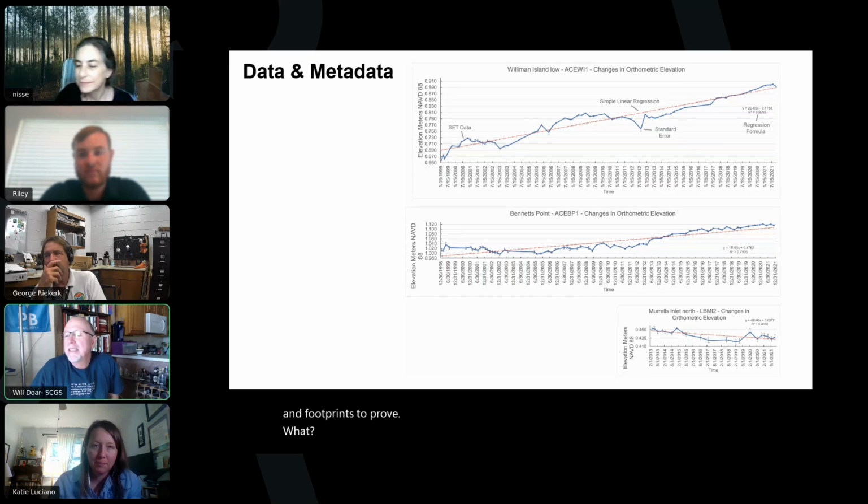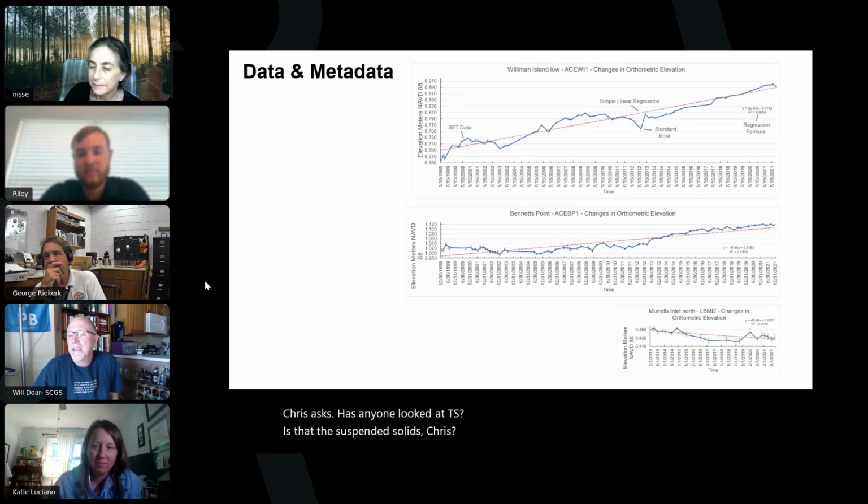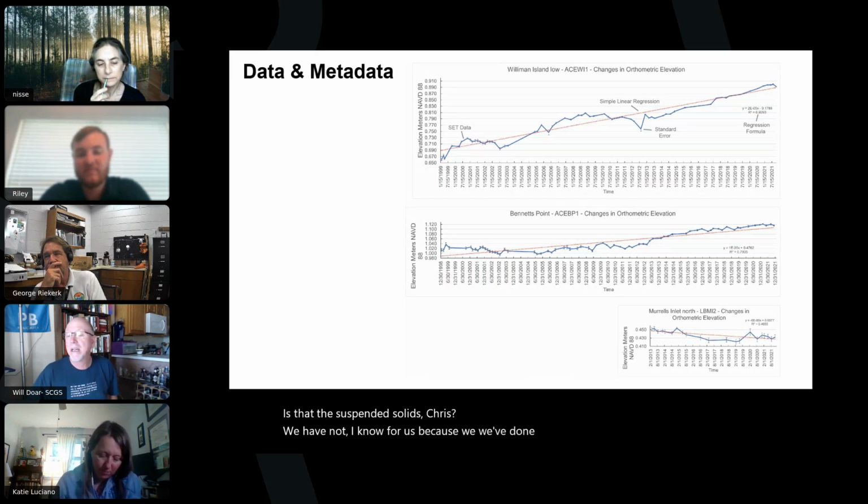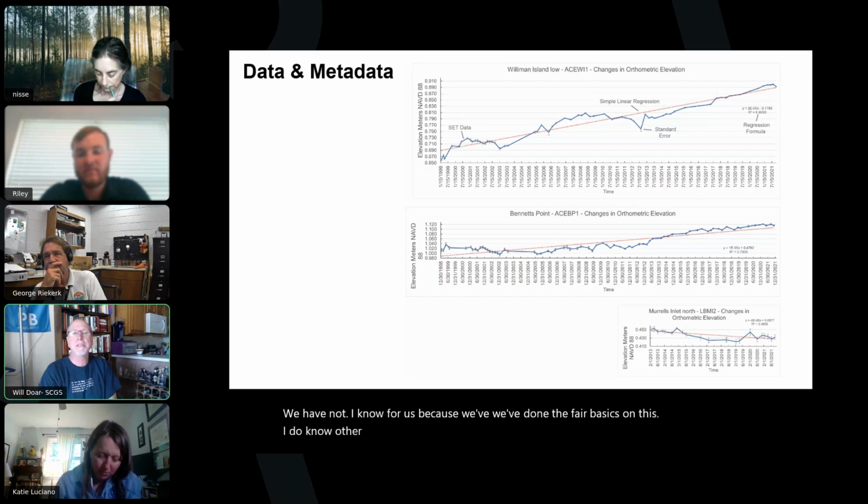Chris asks, has anyone looked at TS? Is that the suspended solids, Chris? Yes. We have not, I know for us, because we've done the bare basics on this. I do know other people have. Does anybody in this group look at the adjacent waters sediments?